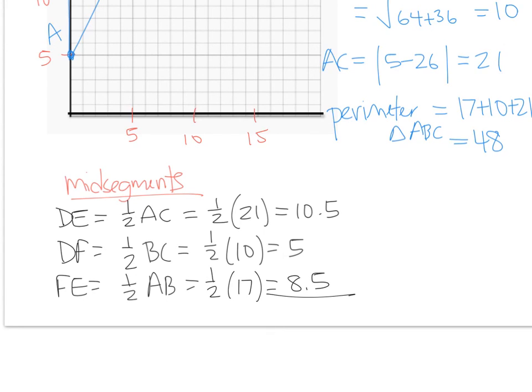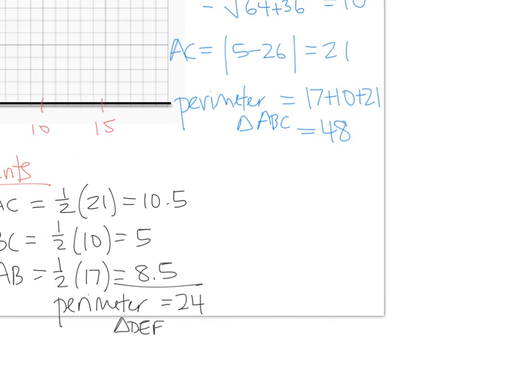So I add those together, and you get 24.